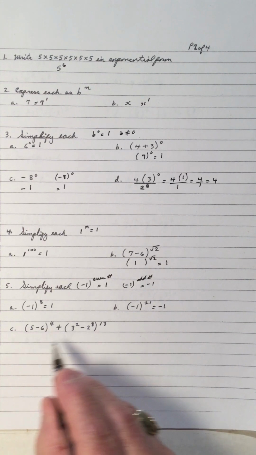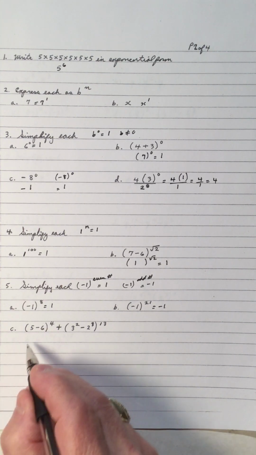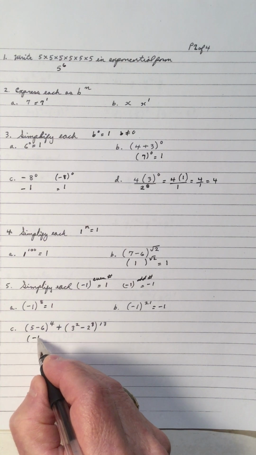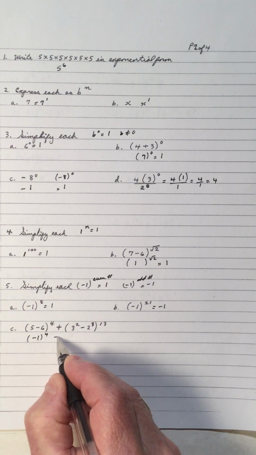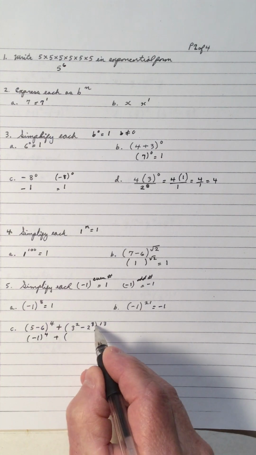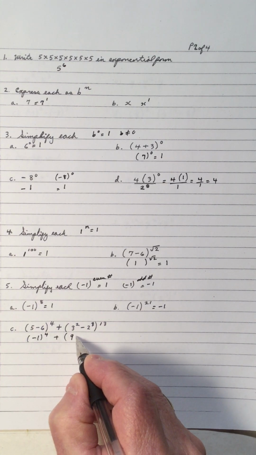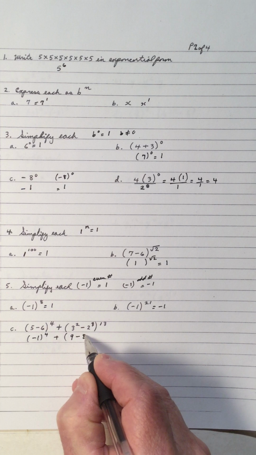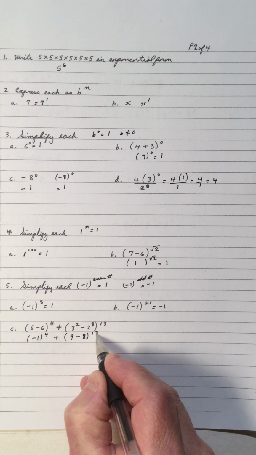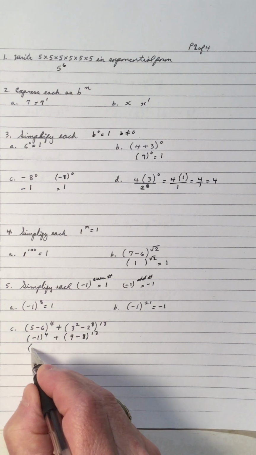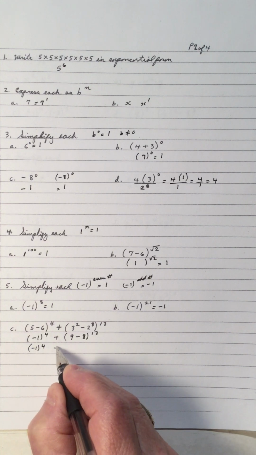And here, let's simplify these now. Let's see, PEMDAS, we do the inside first. It's negative 1 to the 4th power. And we have to do the inside first, so there's 9 minus 8 to the 13. And we still have to simplify the inside first.